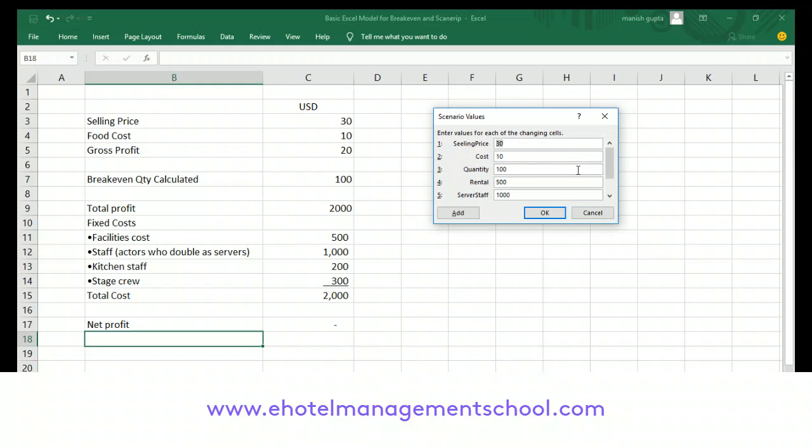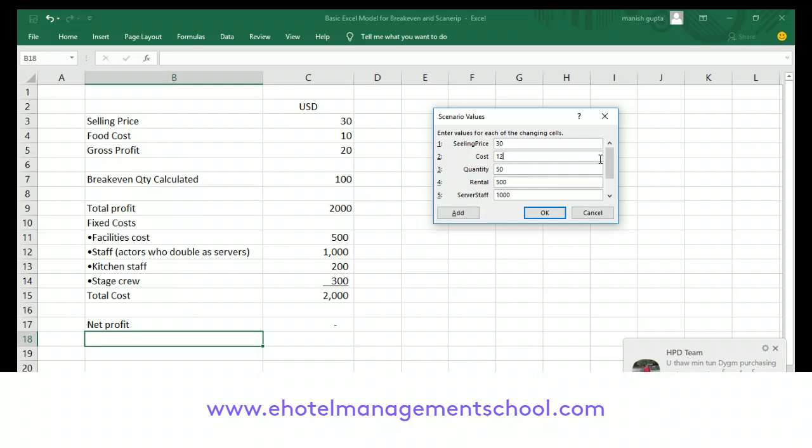Selling price, as we see, if you are able to sell only 50 quantity, you can change it to 50. What will happen to your selling price? Let's say we don't change the selling price; we keep it the same. The cost, will it increase or not? Let's say it's going to increase to 12, because with a lower number the per unit cost may increase.